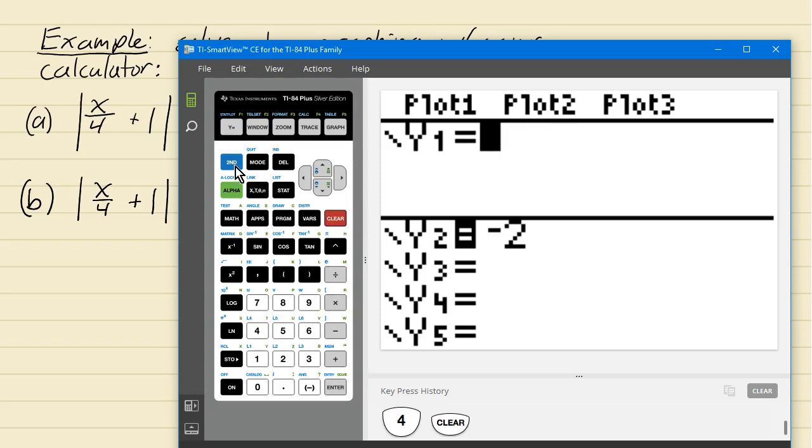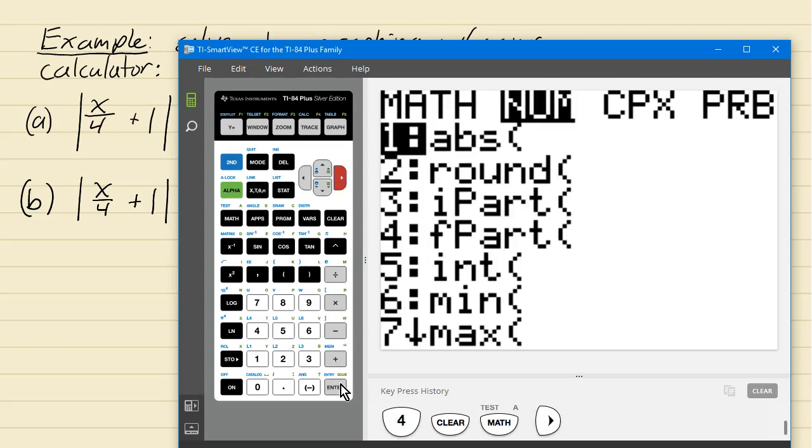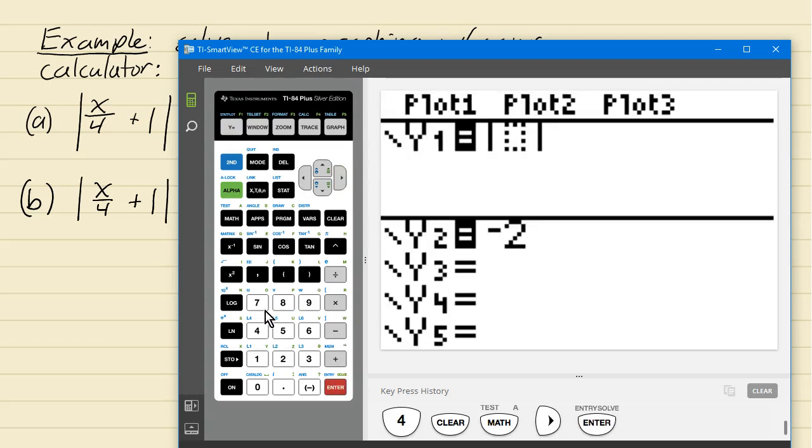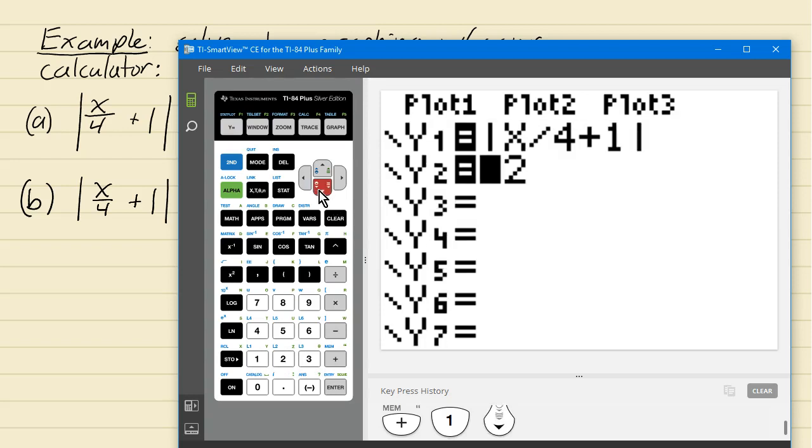Oh wait, that's not right. It needs absolute value. Okay, press math, go to num. We want abs. X over 4 plus 1. All right, and then on the other side, we're going to graph y equals 0.5.